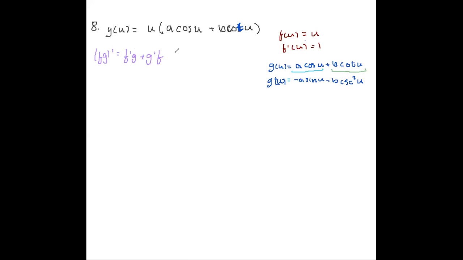Order matters, yes, for the quotient rule because you have a minus sign, but here we're just adding the two pieces together.